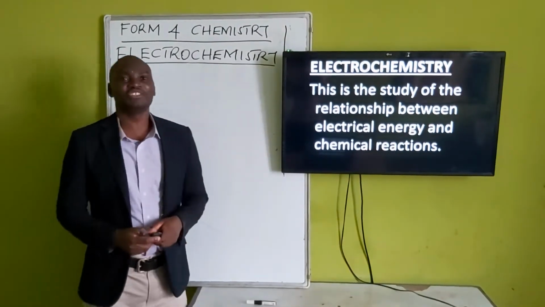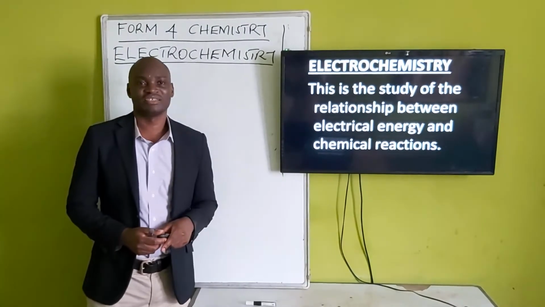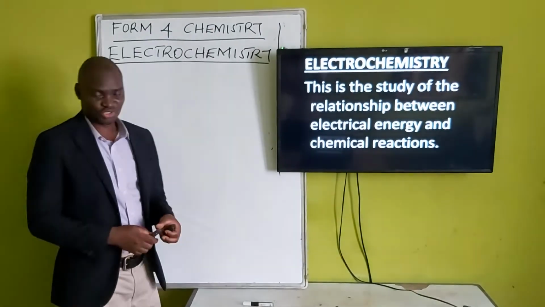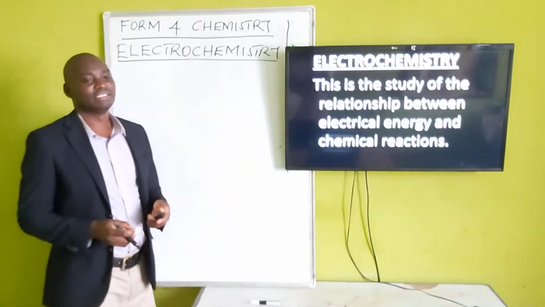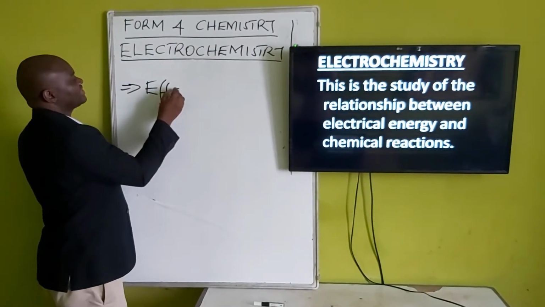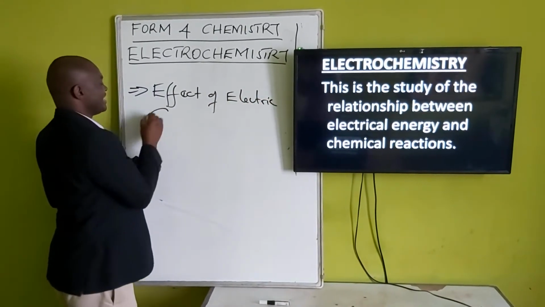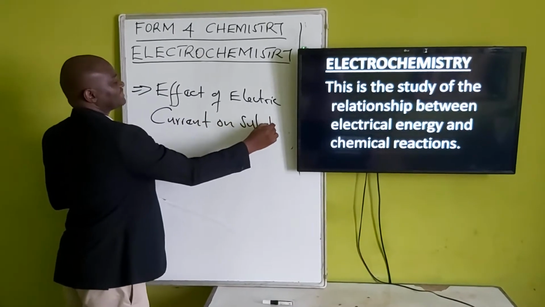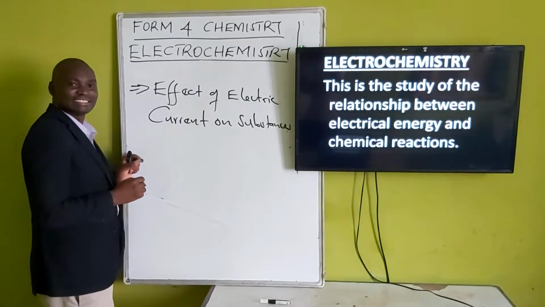We are going to deal with a branch of chemistry that deals with electrochemistry. So in electrochemistry, you must have some knowledge on the effects of electric currents on substances.